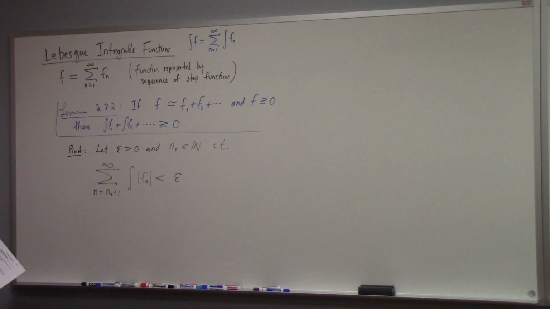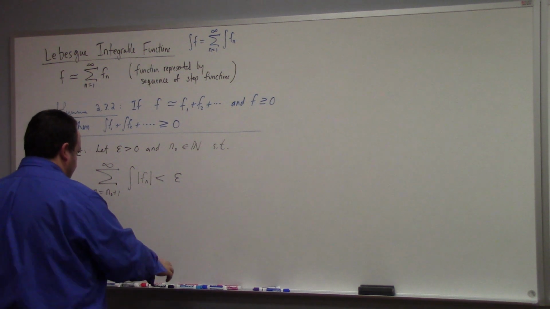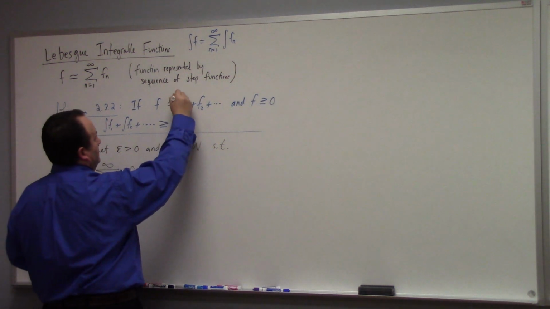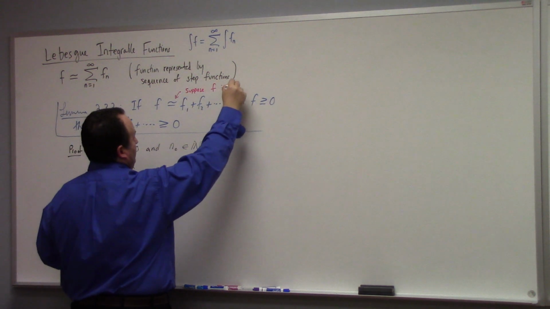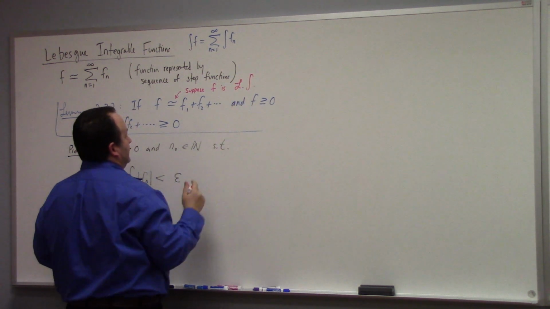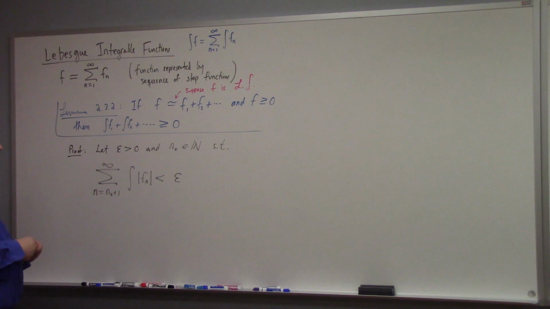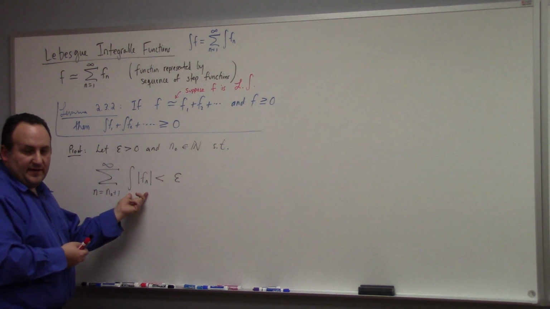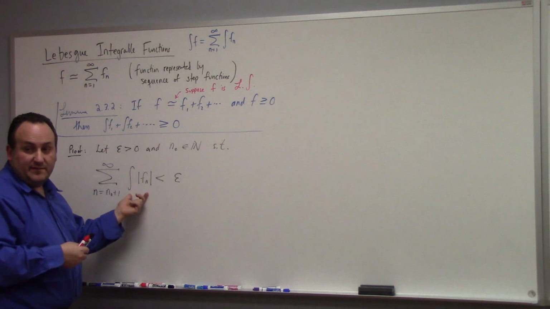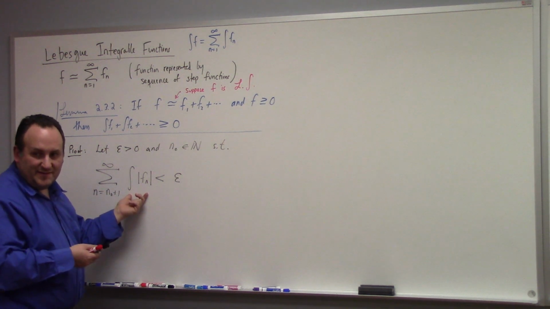Now, okay, so there's a lot packed into the notation, right? So this notation right here presupposes f is, let's say, Lebesgue integrable, all right? So that means, among other things, that the limit of this, as n goes to infinity, from n equals 1 to infinity, is less than infinity, right?